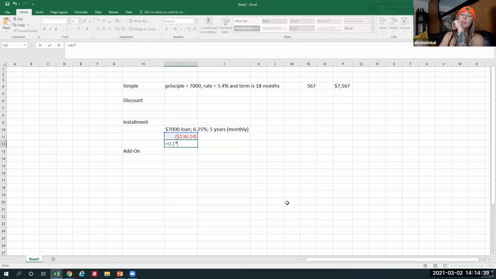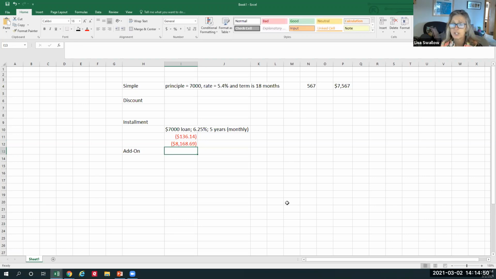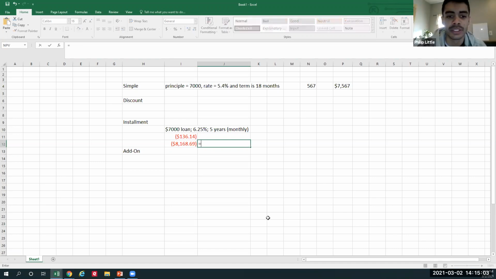Have you do the 5 times 12? Yeah, the 60, good. I'm making that payment every month for 60 months. At the end of the life of the loan, here's how much I've paid. Therefore, Philip, how much was my total interest that I paid over the 5 years? What minus what? 8,168 minus 7,000. Yep.